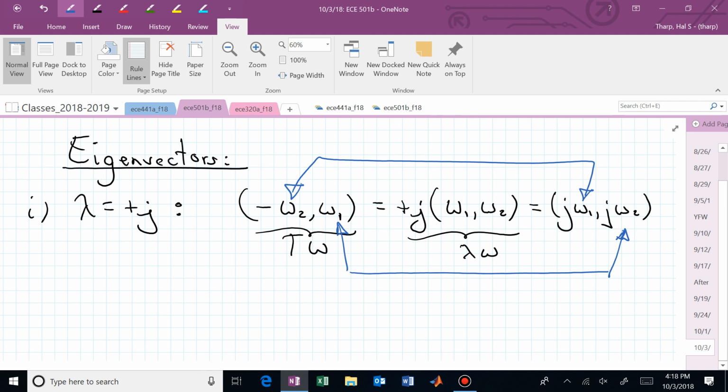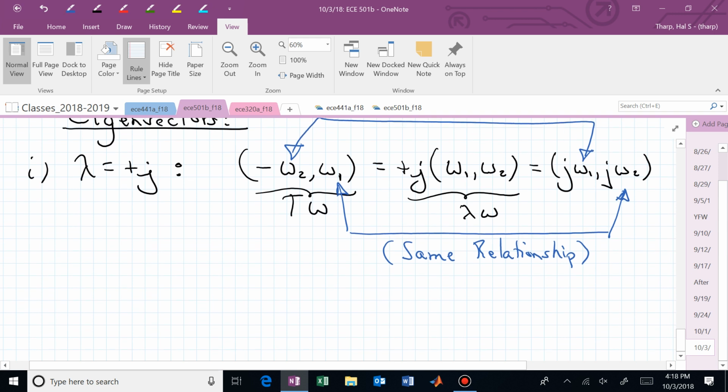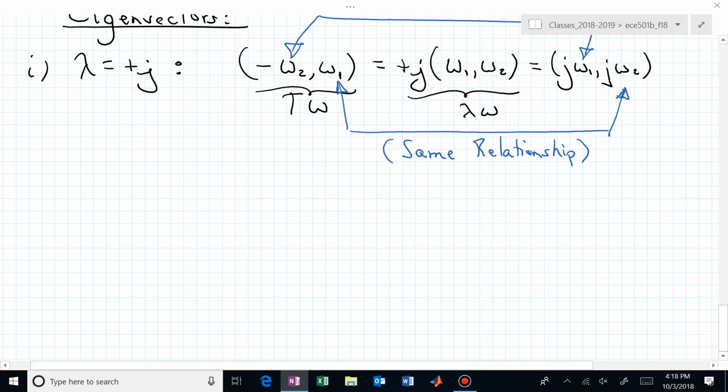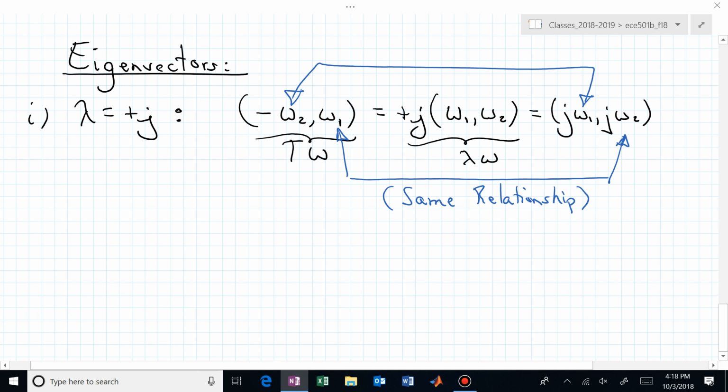And that's good because that's really what's giving us this non-trivial null space solution. This is the same relationship that I've now shown in both the first coordinate and the second coordinate. So it really doesn't matter which one we work with. They are both going to give us the same relationship between w1 and w2.